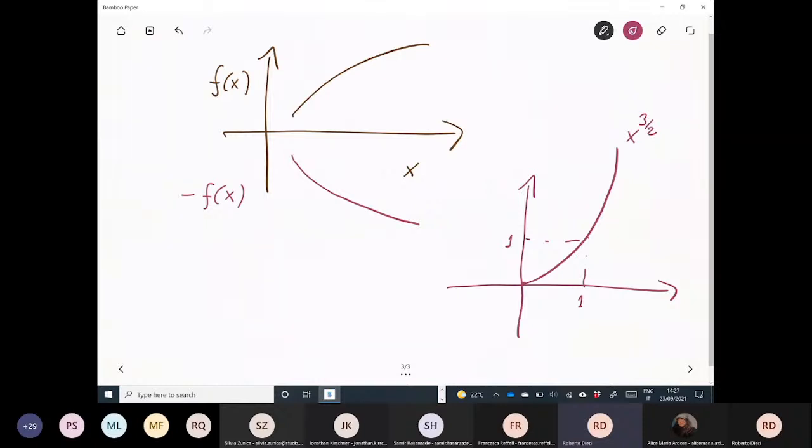And this one could be x to the power of 1/3, I mean qualitatively, passing through the same point (1, 1), and this could be 1 over square root of x. Okay? All these functions pass through the point (1, 1). But they are very different, of course.